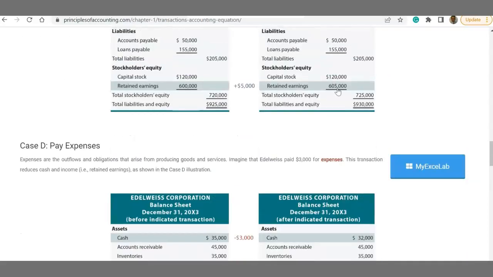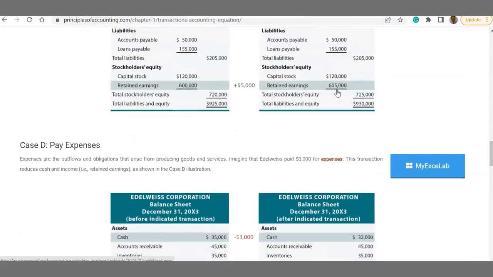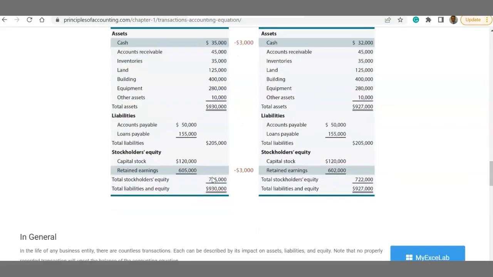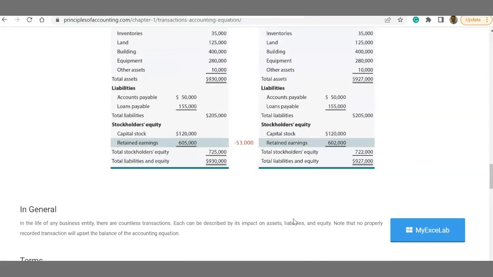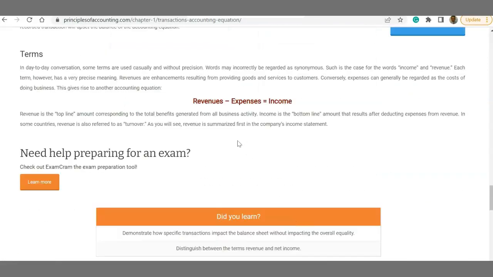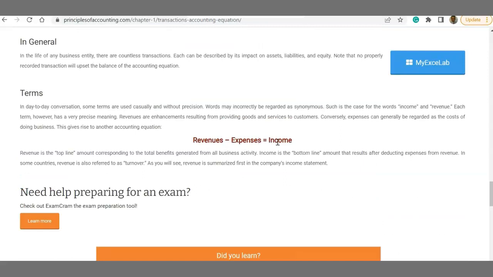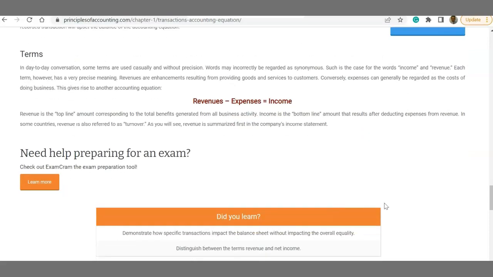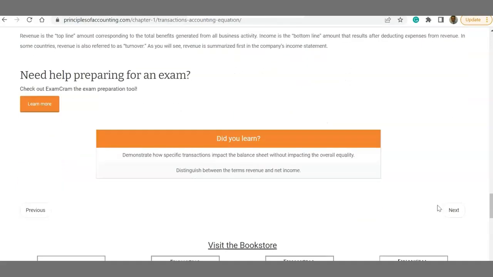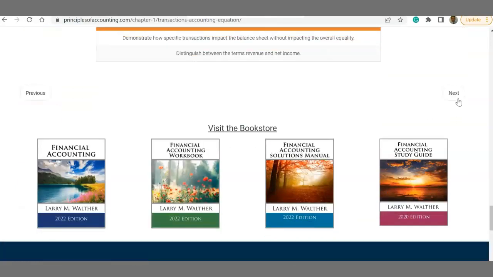Yes, here it was 605 because I didn't consider the expense yet. But after considering the expense, retained earnings is 602. So revenue minus expense, the bottom line, is income, which is 5,000 minus 3,000 expense, giving you $2,000 income. Cool?